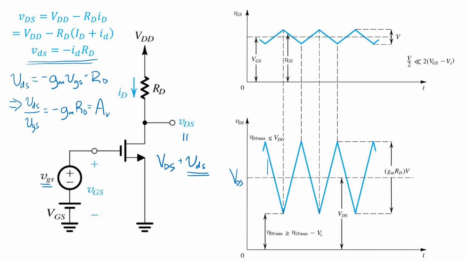And superimposed on that, we've got the small signal time varying all lowercase VDS. It has the same wave shape as the small signal VGS, but it's amplified. Its amplitude, instead of being a peak-to-peak amplitude of V, is V times GmRd, which is our small signal gain. Actually, our small signal gain was negative GmRd, so you'll see that the troughs of the input correspond to the peaks at the output.